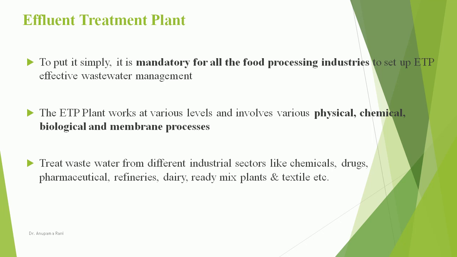The ETP plant works at various levels and involves various physical, chemical, biological and membrane processes. It treats wastewater from different industrial sectors like chemicals, drugs, pharmaceuticals, refineries, dairy, ready mix plants, textile, etc.